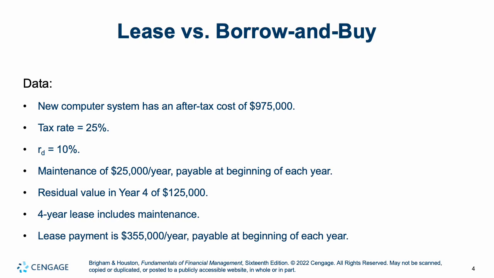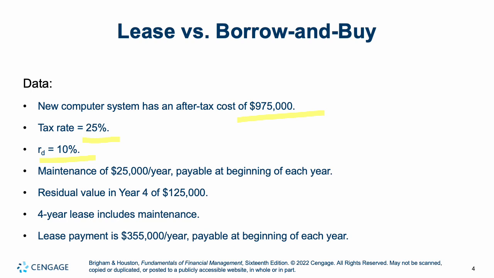We make that determination based on what is more appropriate for us, what is better for our company. So let's say we want to buy a new computer system and it costs after tax $975,000, our tax rate's 25%, and our cost of debt is 10%.